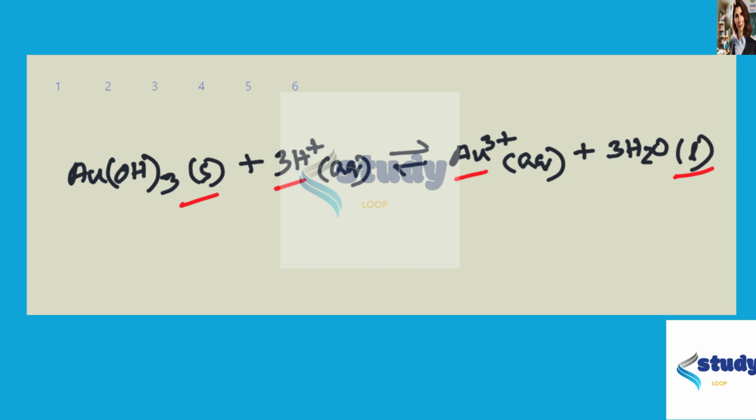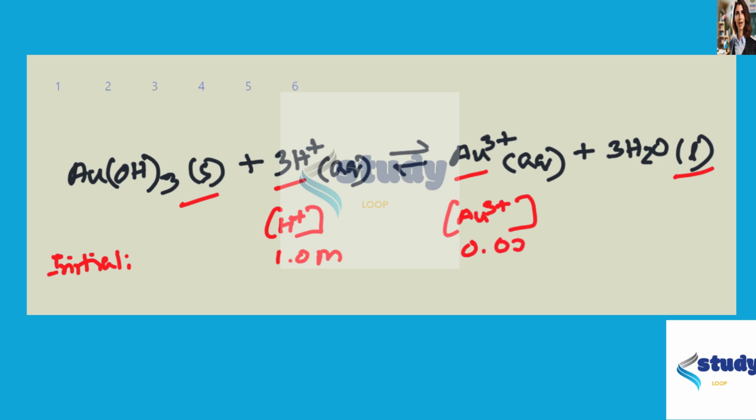Our initial concentration of H+ ion is basically the concentration of HNO3, which is 1 molar, and the initial concentration of Au3+ is 0. Basically, initially we don't have any Au3+ dissolved in HNO3.